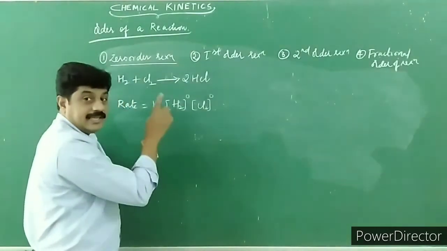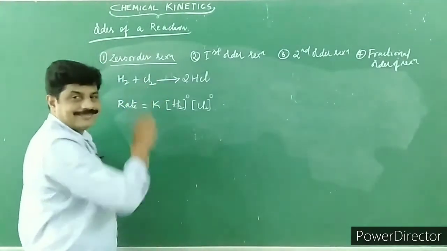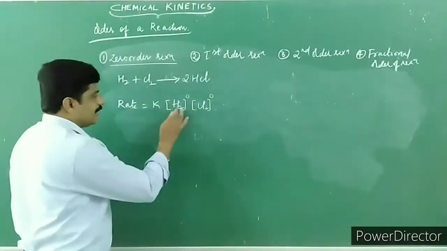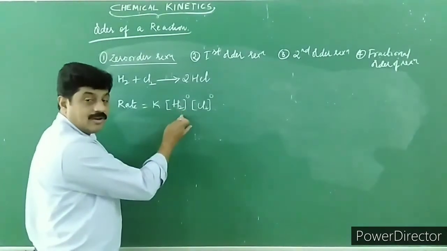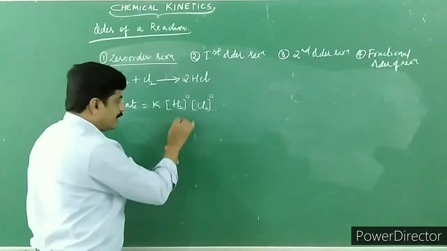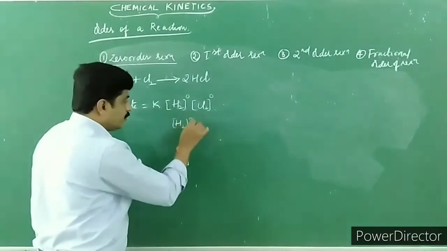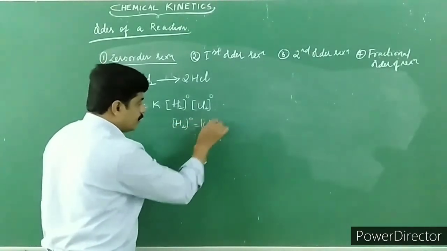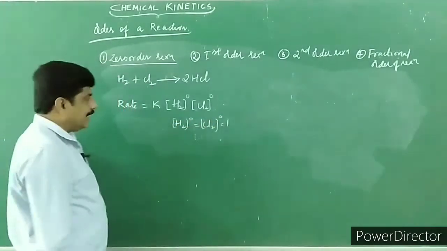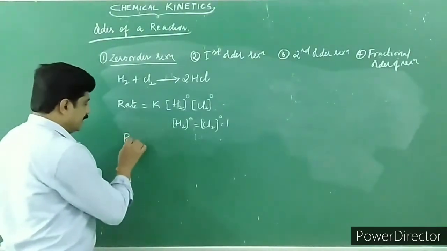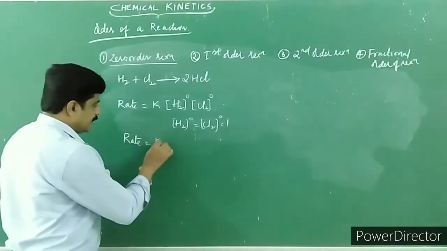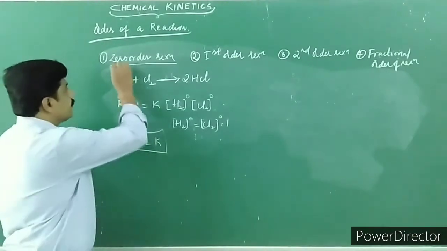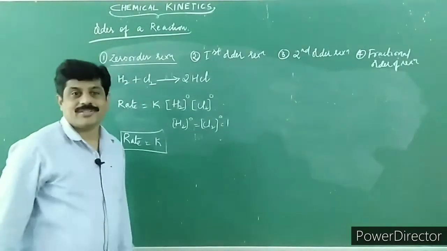Children, this is as per the experimentally determined. In that case, look at here, any molar concentration raised to 0 is 1. So H2 raised to 0 is equal to 1, chlorine raised to 0 is equal to 1. In that case, how do I write? Rate is equal to K. So this is for zero order reaction.